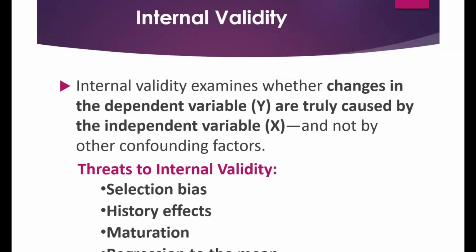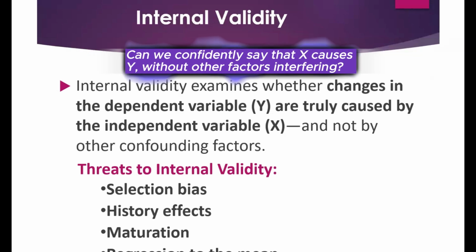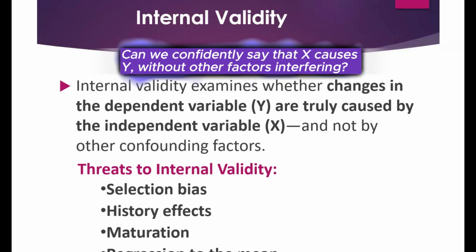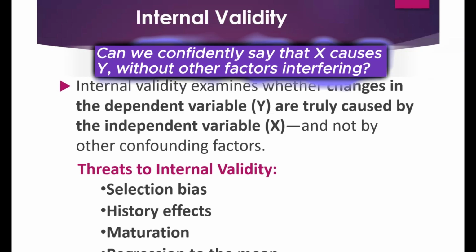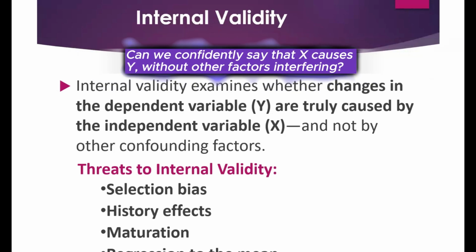One of the questions that you should ask for internal validity is, can I trust this cause and effect? Or can I confidently say that X causes Y without other factors interfering?